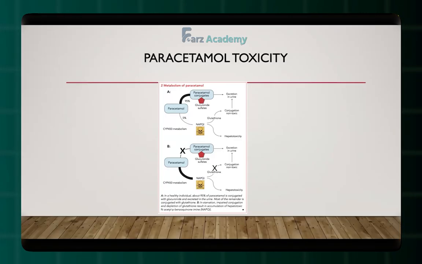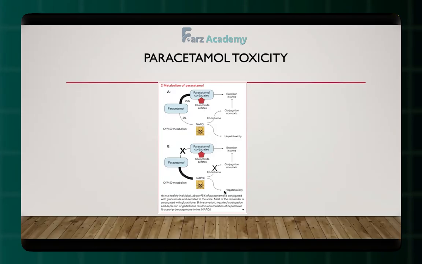Most of the paracetamol is conjugated with glucuronide and is excreted in the urine, and a small percentage is conjugated to glutathione. However, in case of toxicity, if there's an overdose of paracetamol, or in cases of, for example, starvation where the nutritional status is not that great, it is diverted.